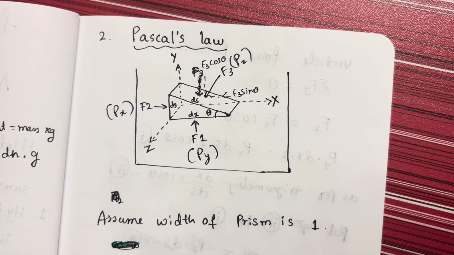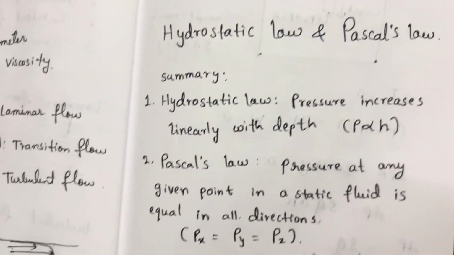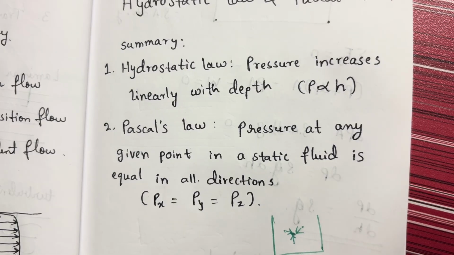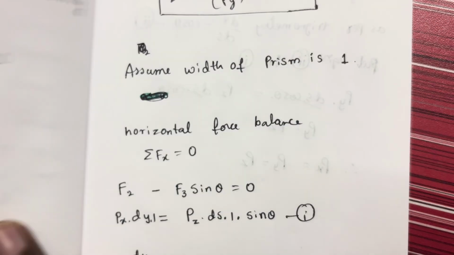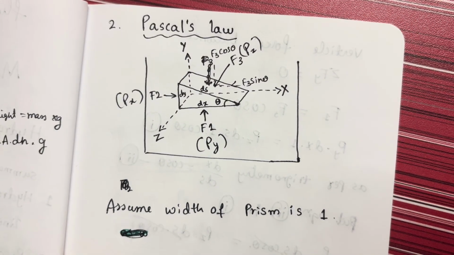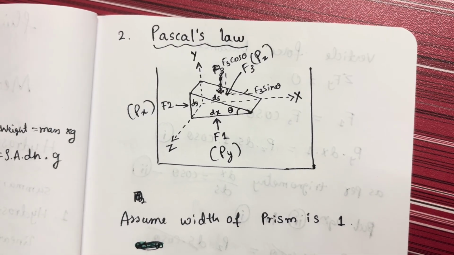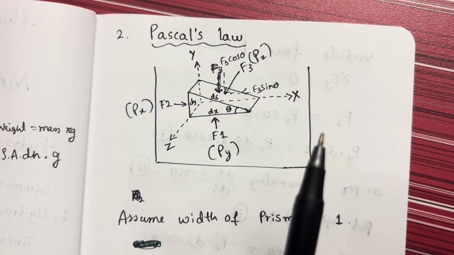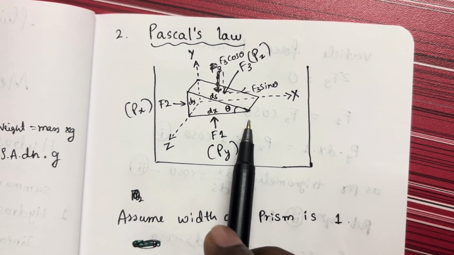Now we'll talk about Pascal's law. What does it state? Pressure at any given point in a static fluid is equal in all directions. Now we will prove it using a derivation. Assume you have a small prism inside the water, inside a beaker.